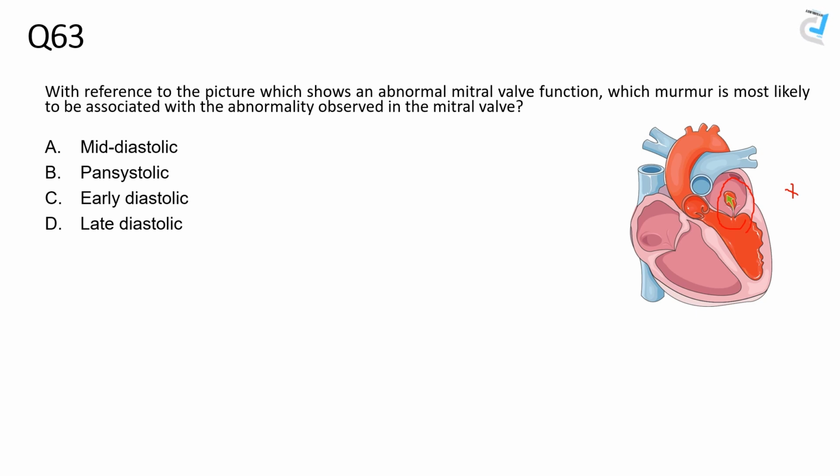So let's look at the options here. We can exclude all diastolic murmurs, so we will be left with option B, which is the pan-systolic murmur. This is the correct option.